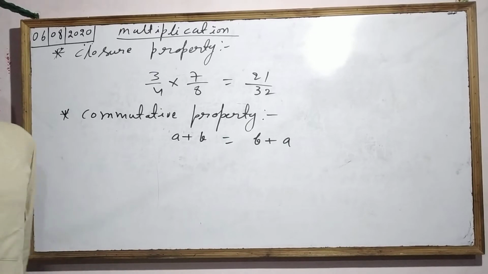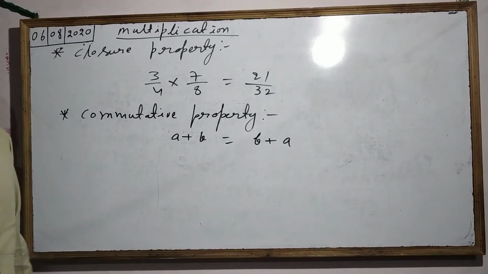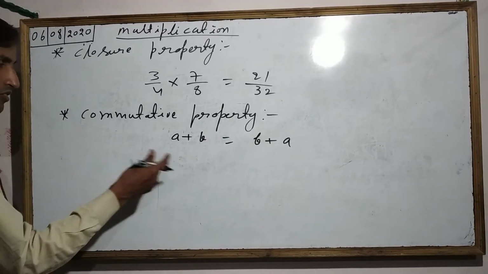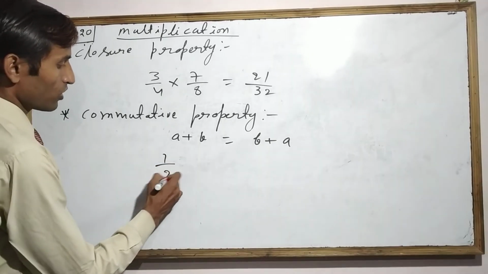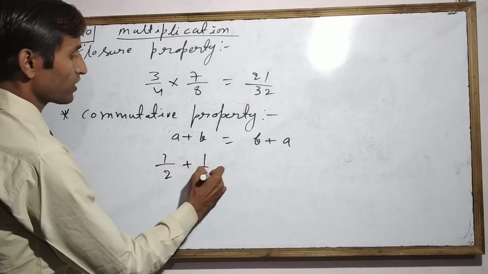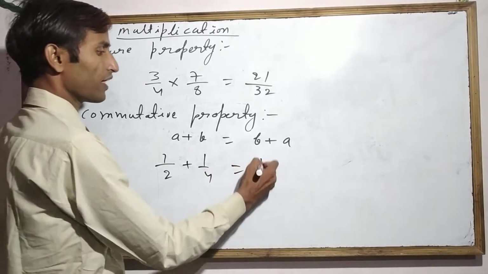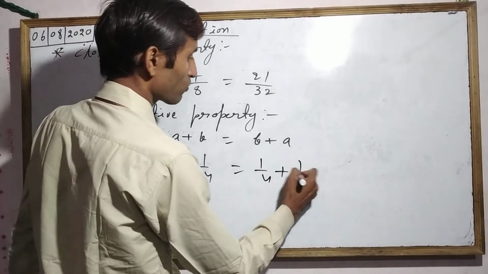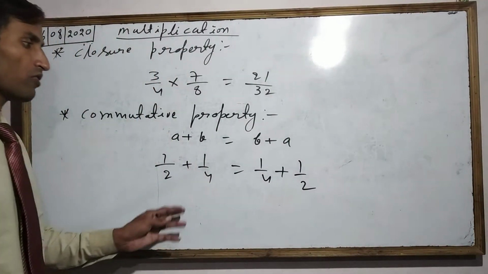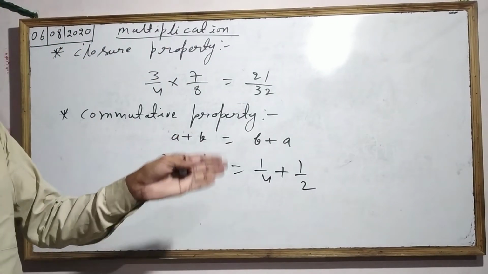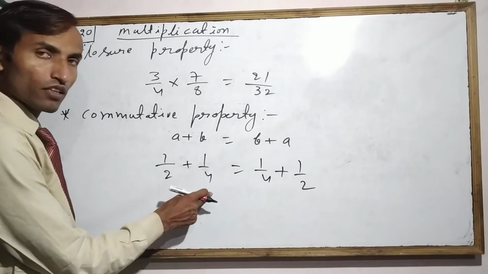If LHS and RHS are both equal, then we can say it follows the commutative property. Let me take an example: 1 upon 2 is given and 1 upon 4 is given. If we add 1 upon 2 and 1 upon 4, or you can add 1 upon 4 plus 1 upon 2, then both will be equal. We can say it follows the commutative property. Both are rational numbers only.